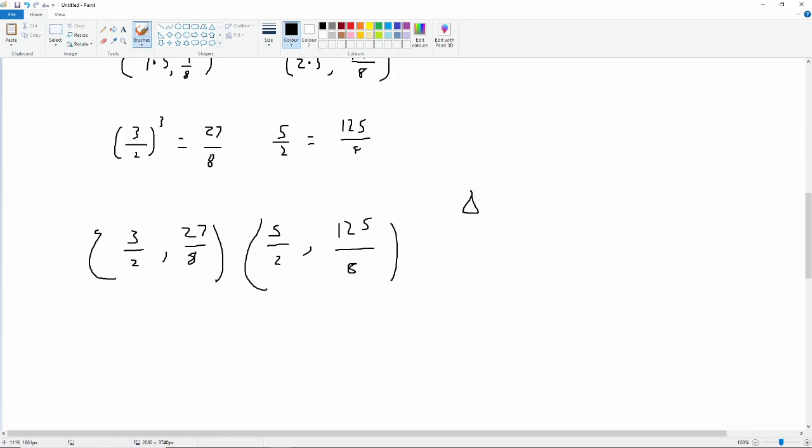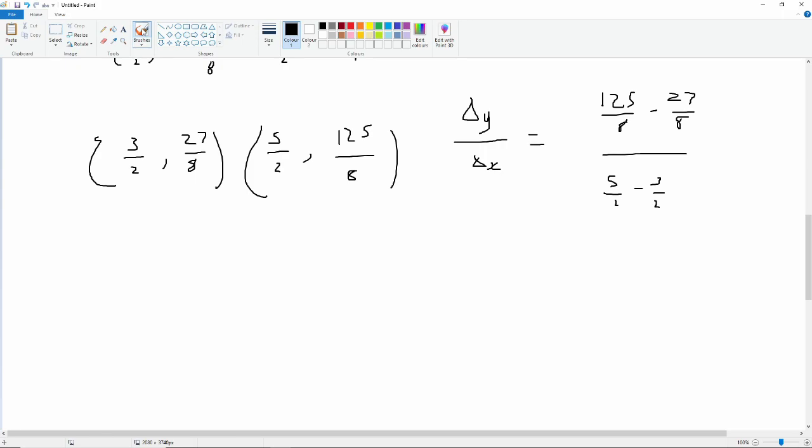So again, we've got delta y by delta x, which is equal to 125 over 8 minus 27 over 8, and all that is divided by 5 over 2 minus 3 over 2. Hope you like fractions.